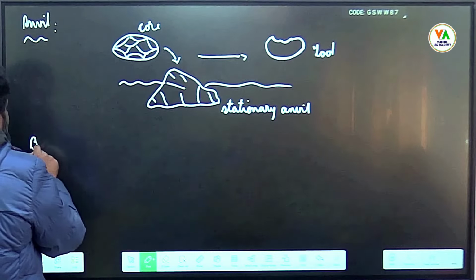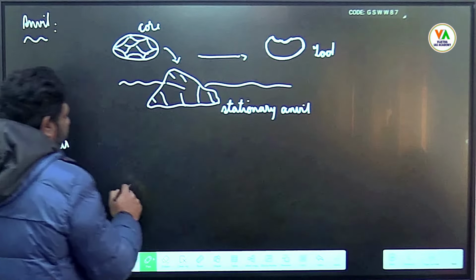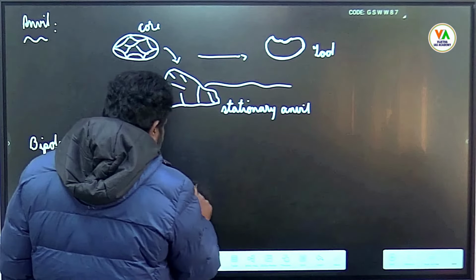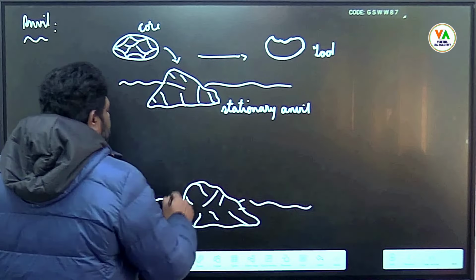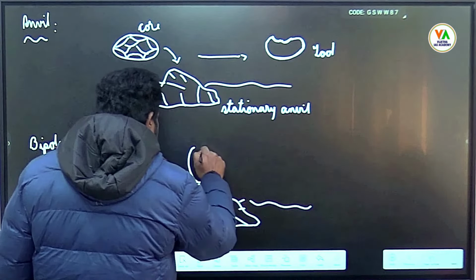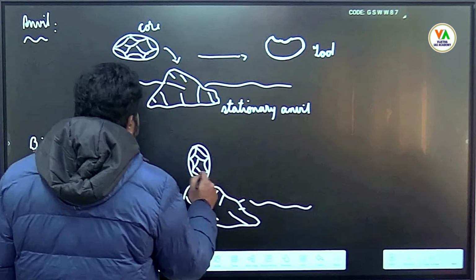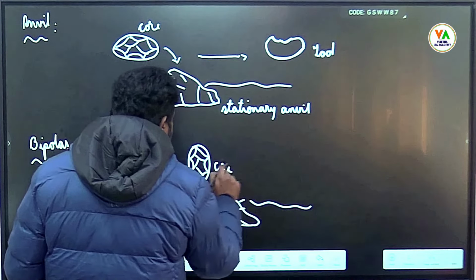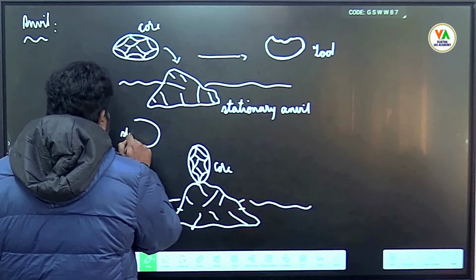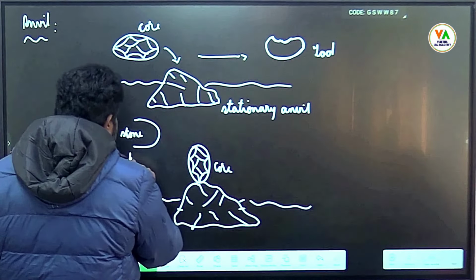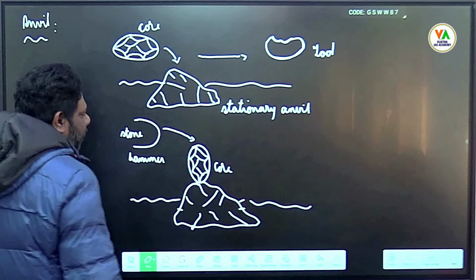Next one is bipolar technique. So, in bipolar technique also almost this is a stationary anvil. Now, the core is kept on the stationary anvil. So, this is core, and by taking another stone which acts as a hammer, this is hit on this particular top.